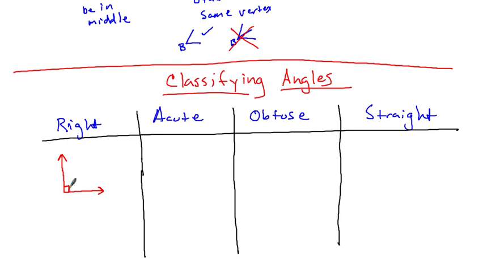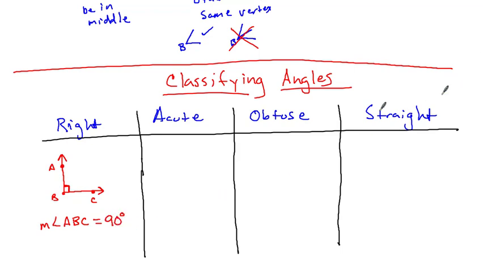It will have a right angle symbol in the corner, or it will tell you that it's 90 degrees. A, B, C. And what we would say here is that the measure of angle ABC equals 90 degrees.